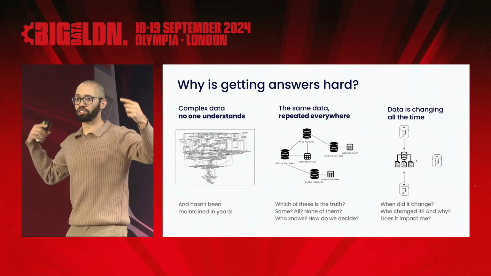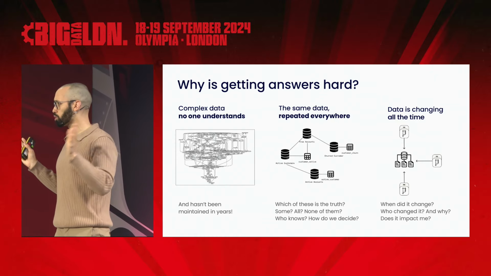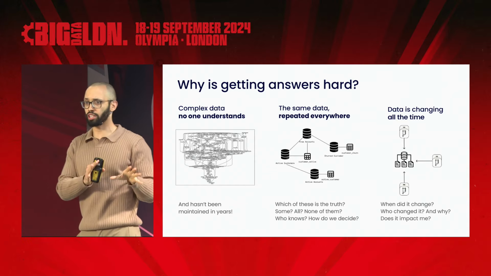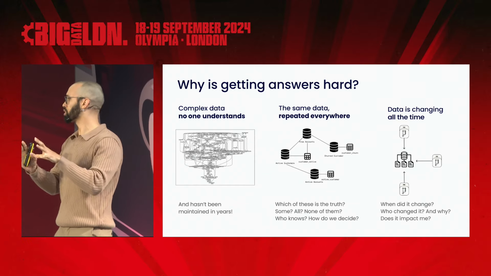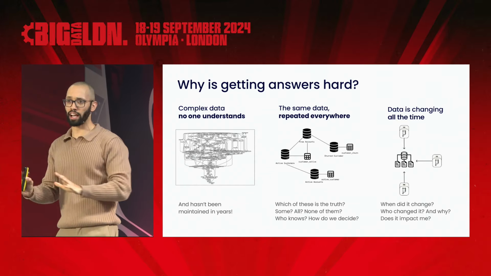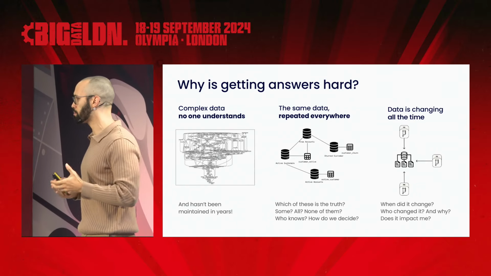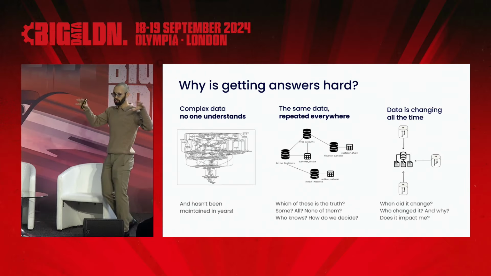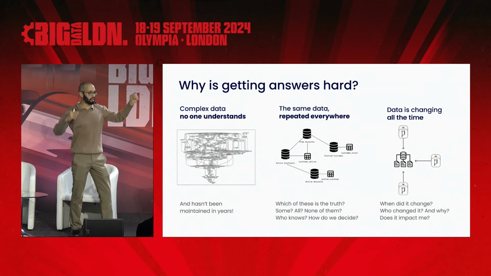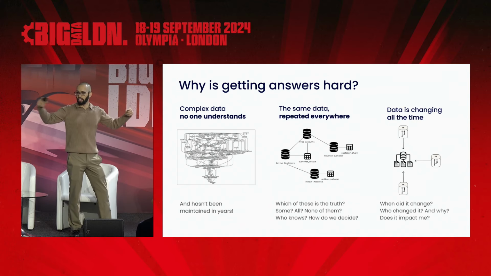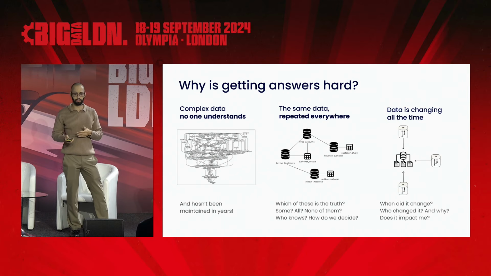So if the source systems are always changing, and I think at most companies these days, software engineers are encouraged to be as isolated as possible, to move as fast as possible, and you're seeing the decomposition of many monolithic systems into a bunch of microservices, and that means there's rapid change happening in a federated way, and nobody really understands how that change is going to affect anyone else in the organization.